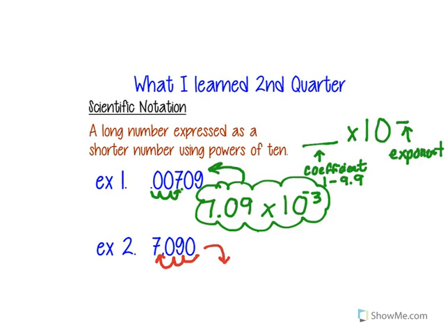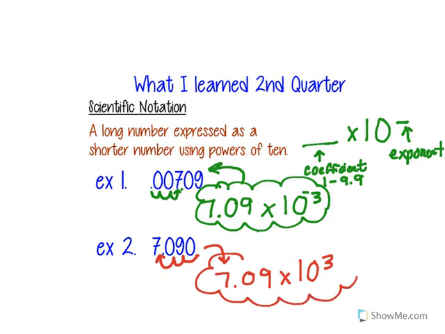So if we move it 3 spaces, it would be 7.09, the same as our coefficient in the first example, times 10 to the 3rd power. Now this exponent of 3 is going to be positive because this number represents a larger number, not a smaller number. So we keep this as a positive 3, and the first example was a negative 3 because that represented a smaller number.